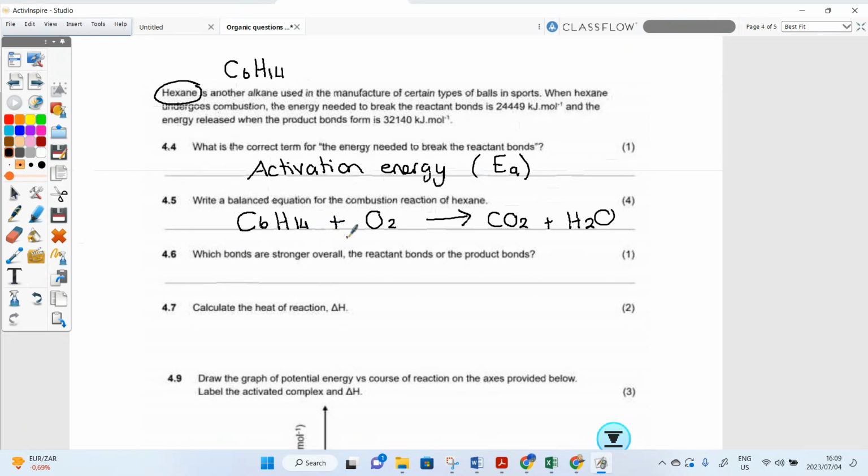Now they say which bonds are stronger, the reactants or the products. To break the bonds, we needed 24449. To form the new bonds, we give off 32140. So which value is bigger? The products. The energy released to form the products is bigger, so the products are the strongest.